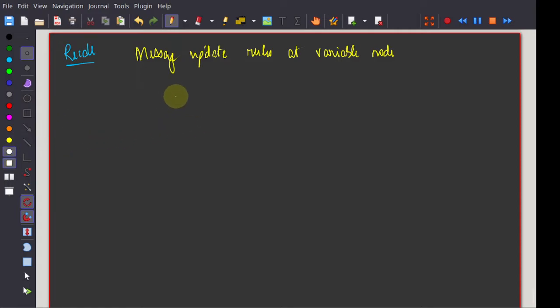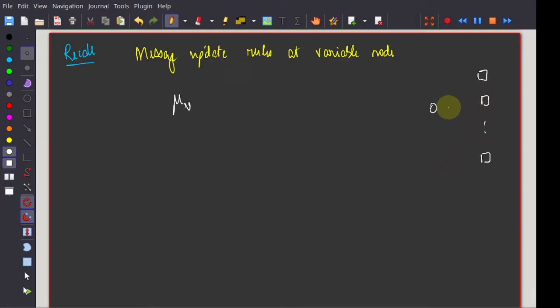The message update rule was the following. Suppose you have a variable node v, so it has a bunch of check nodes as neighbors.